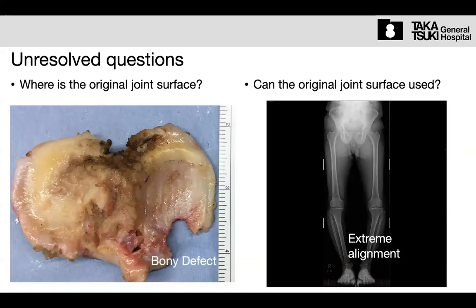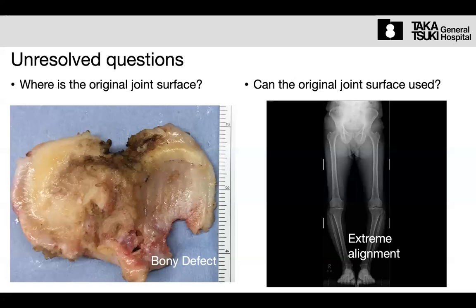So how do we find the patient's original articular surface? It is quite difficult in a patient with bone defect. We cannot estimate the original joint surface on the medial side. Okay, how to estimate? It's one problem.